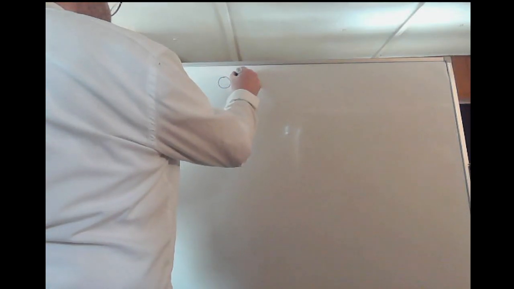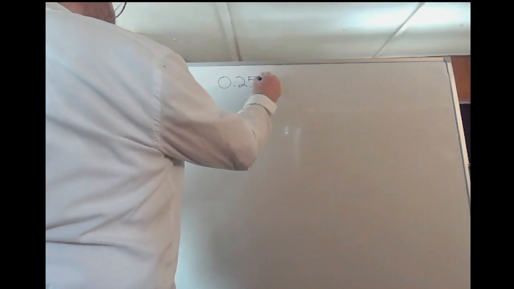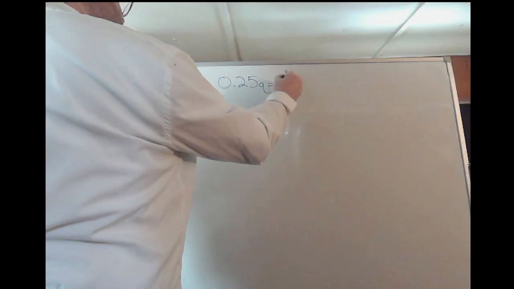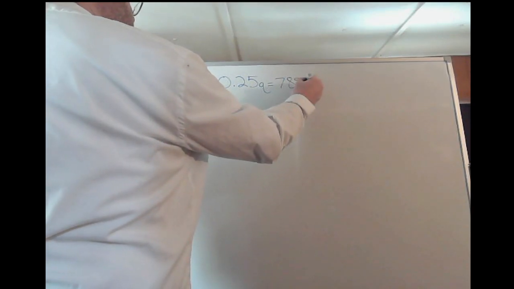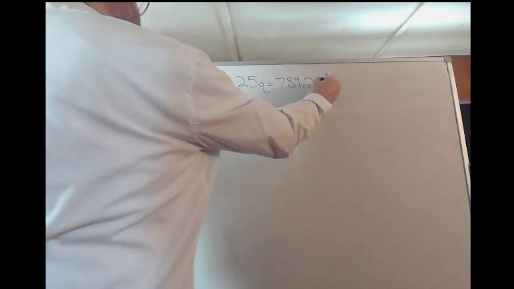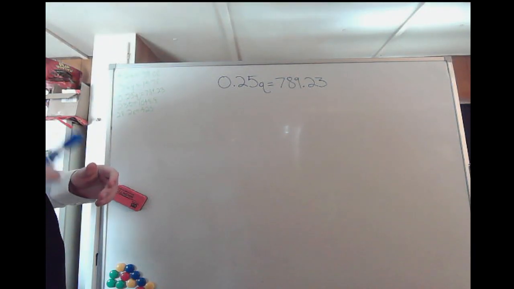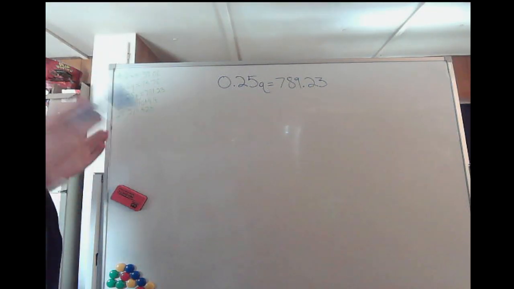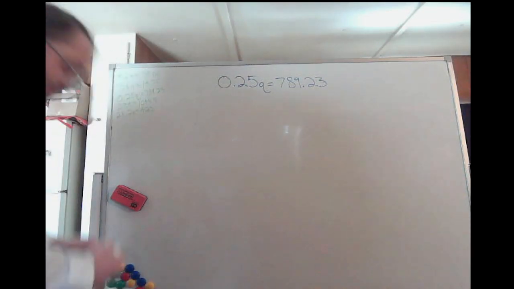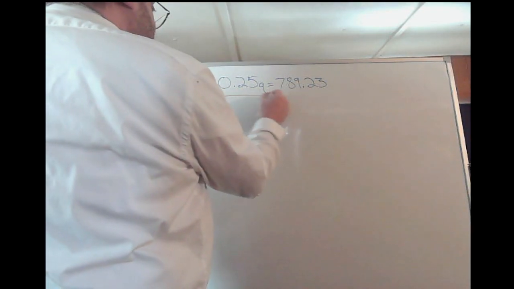Let's say I give you 0.25q is equal to 789.23. So 0.25q equals 789.23. Again, we want to get the q by itself, so we divide both sides by 0.25.